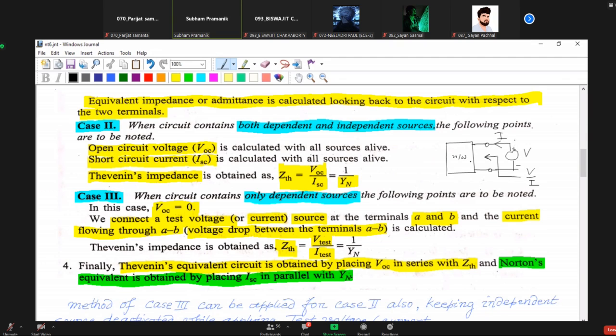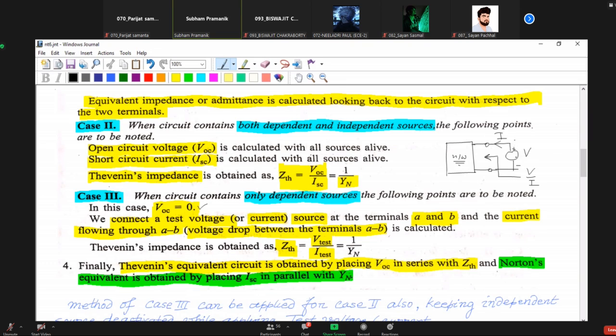Is that okay? That's why, as there is no independent source in this network, only dependent sources are present, VOC is zero. So obviously you cannot use the straightforward way, because in a straightforward way, VOC should have some value, there should be an impedance, and that should come in series. So that's why we go a different way.